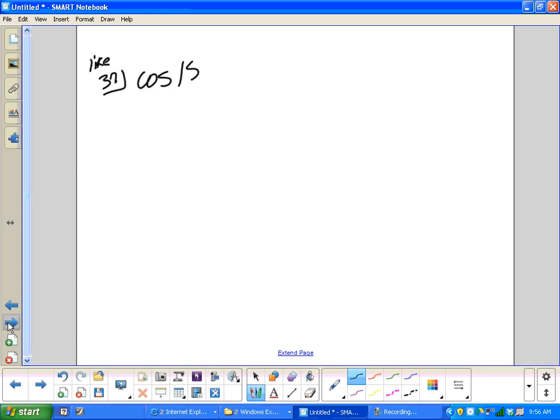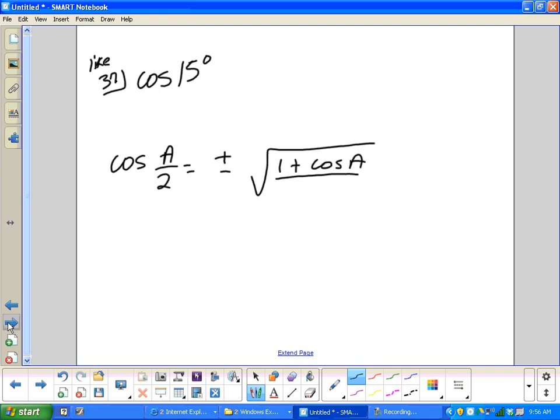I'm just going to do the cosine of 15 degrees because it's not going to be that much different if it's sine or cosine, okay? Now, first thing, write down the formula, okay? So we'll get cosine of a over 2 is equal to plus or minus the square root of 1 plus cosine a over 2.